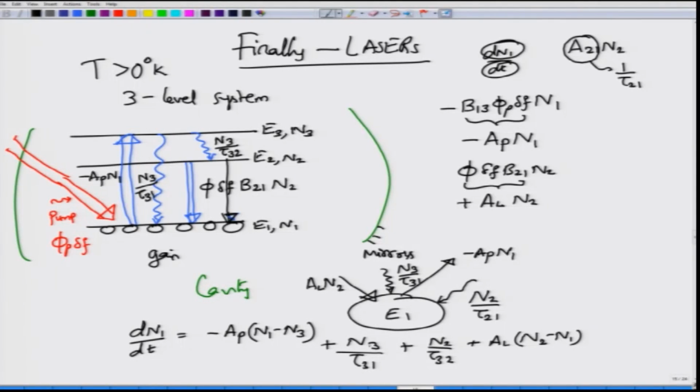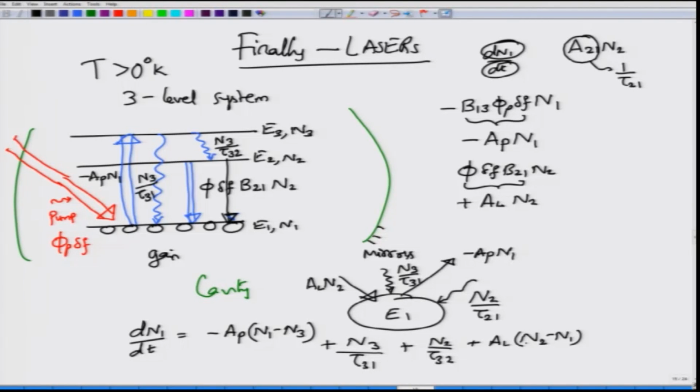However, spontaneous emission from E3 to E1 does not depend on N1, so this is just N3 by tau 31, similarly N2 by tau 32. But for stimulated emission, what counts is the effective population difference N2 minus N1 times the emission cross section.